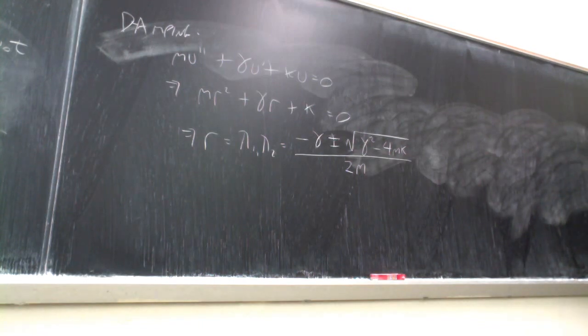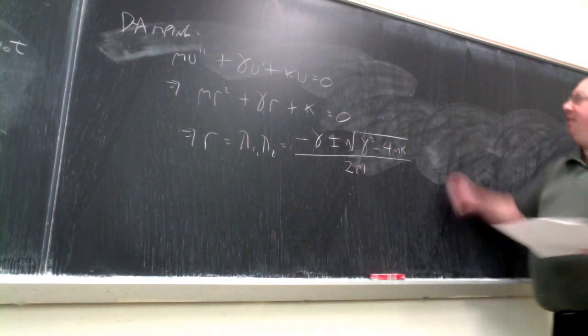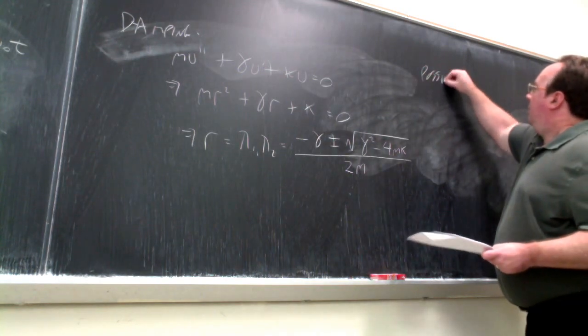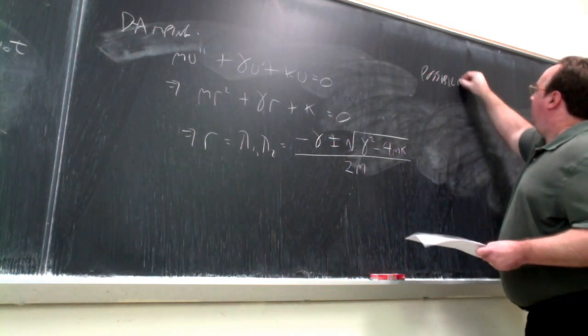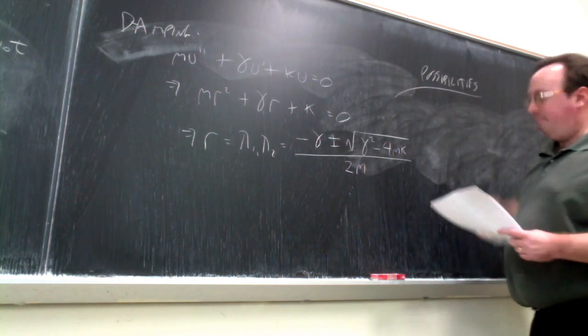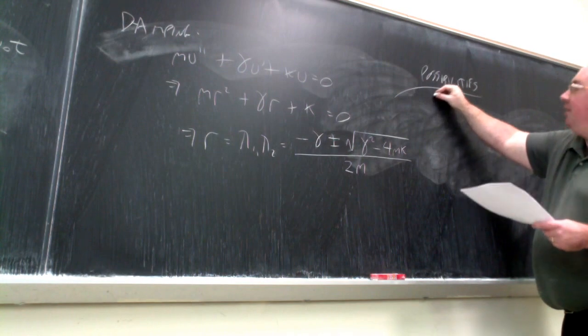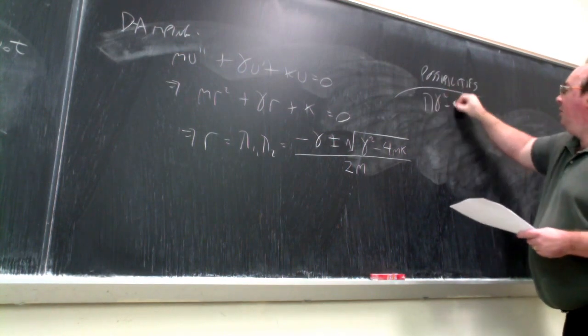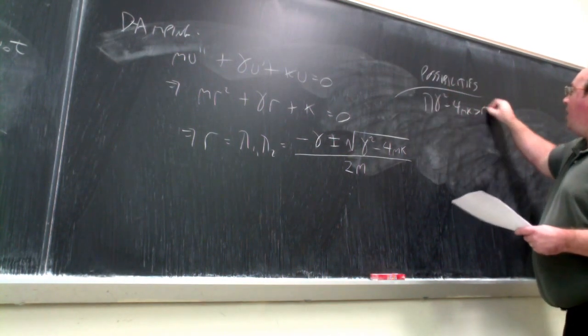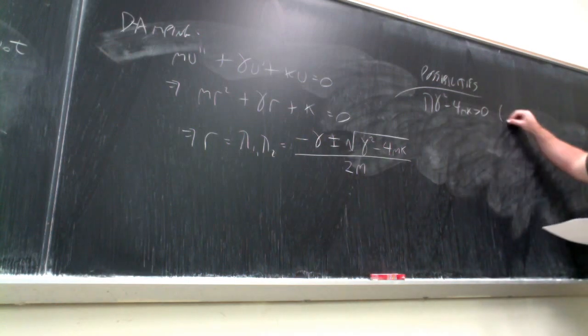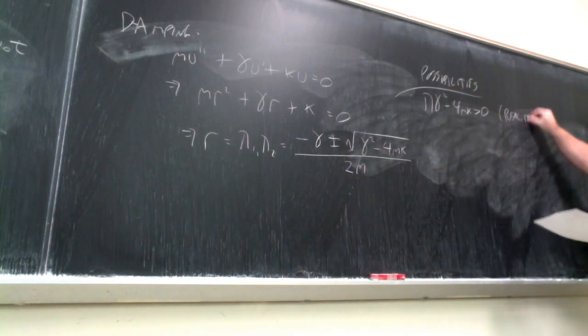And it all depends on what the values of the constants gamma, m, k are. We could have distinct real roots, we could have complex roots, we could have repeated roots. So let's look at all these possibilities. So for instance, if the discriminant, gamma squared minus 4mk, is positive, so we have real distinct roots.